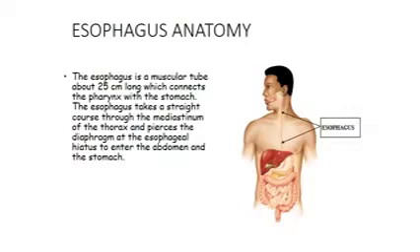In adults, it measures about 25 centimeters in length, and it connects the pharynx to the stomach. It takes a straight course through the mediastinum of the thorax, and it pierces the diaphragm at the esophageal hiatus to enter the abdomen and the stomach.